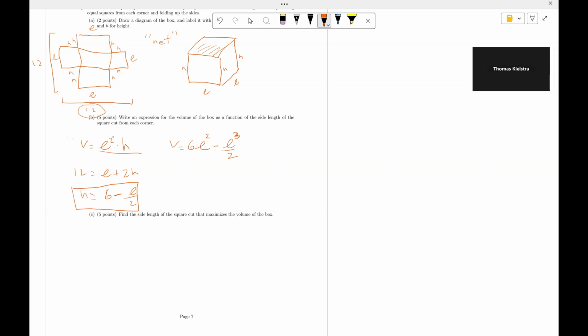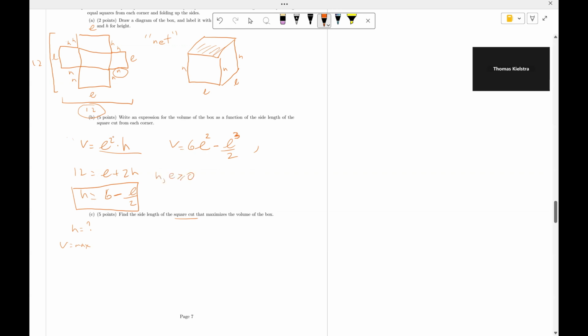Now what we want to do is find the side length of the square cut that maximizes the volume. So here, when I have this expression, we need H and L to be greater than or equal to 0.